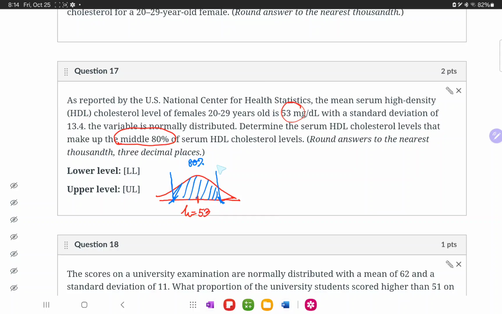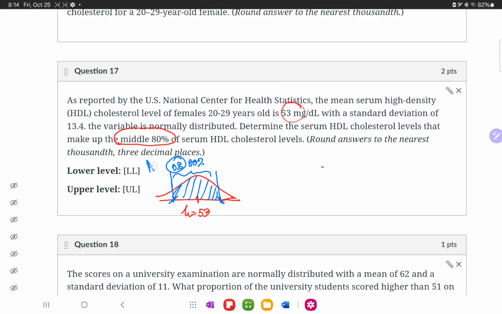So 80% needs to be converted to a decimal, which would represent the area. So 80% divided by 100 is 0.8. So the middle 80% of the values encompass an area of 0.8.